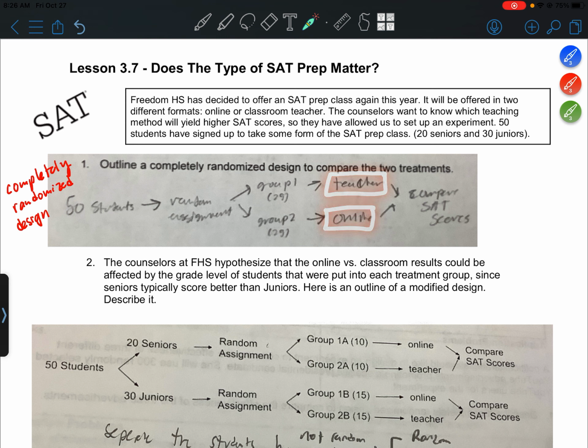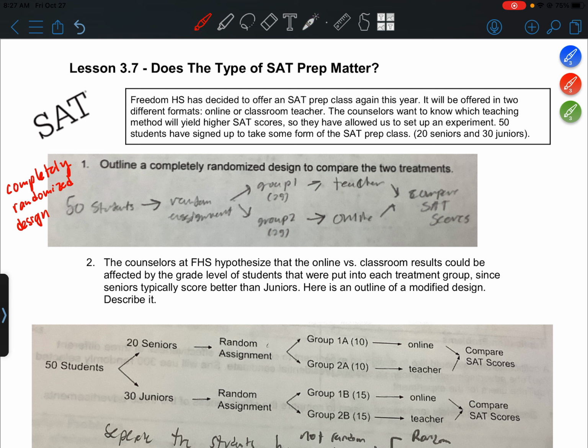One of the groups is going to have an in-person teacher giving them SAT prep, and the other group is going to just prep online. And then the final phase involves looking at some sort of response variable and comparing the values of that response between the groups. So in this case, we're comparing SAT scores.